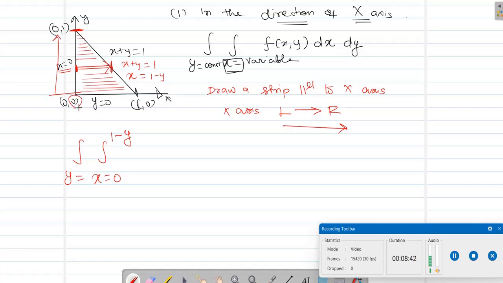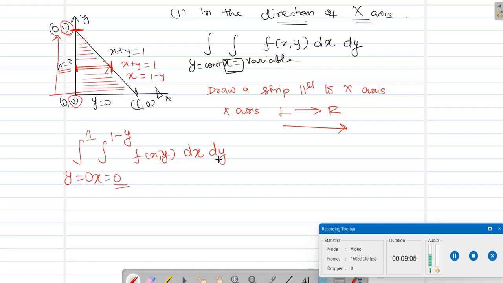Check your y coordinate. Where does our y vary between? y varies between 0 and 1. So the function will now be integrated first with respect to dx, taking the variable limit, and then followed by it in the direction of dy with constant limit.